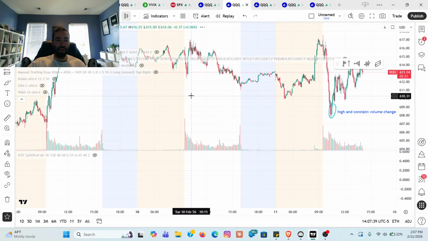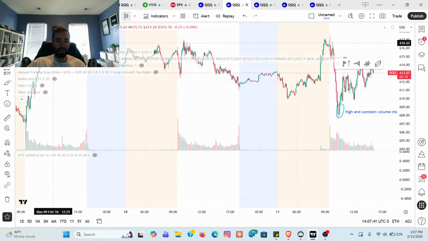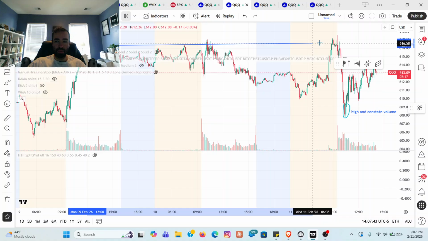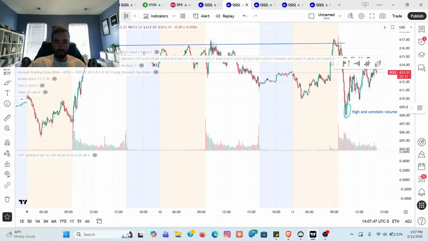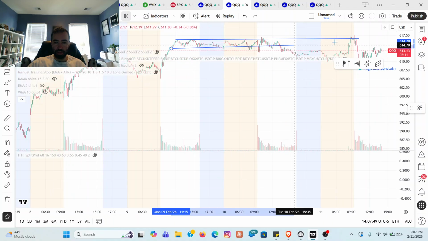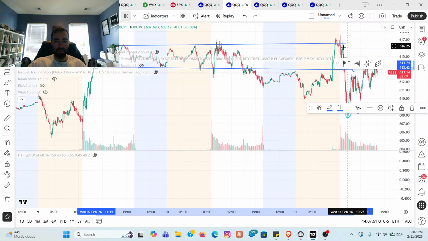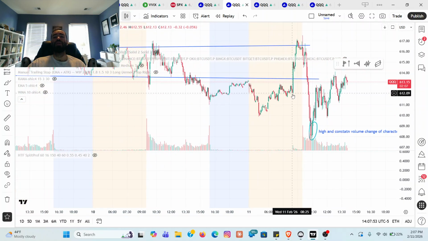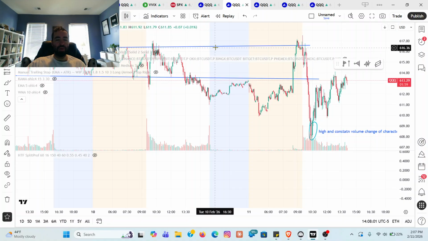If you zoom out here and look at my screen, you can see here's the top of the range, and here's the bottom of the range. We had just seen a successful upthrust to the highs, and then it was re-entering, right?